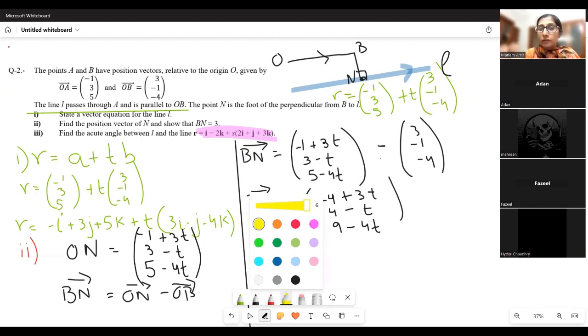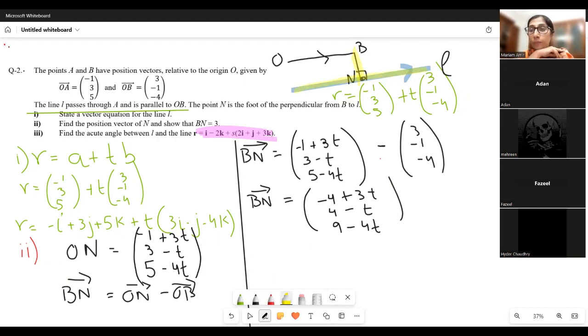So like we just discussed, the dot product of BN and this line would be 0. But we will not take this entire expression. We will only take this vector, because this vector is parallel to the line, so it will also have a perpendicular relationship with BN. The direction vector is always parallel to the line.